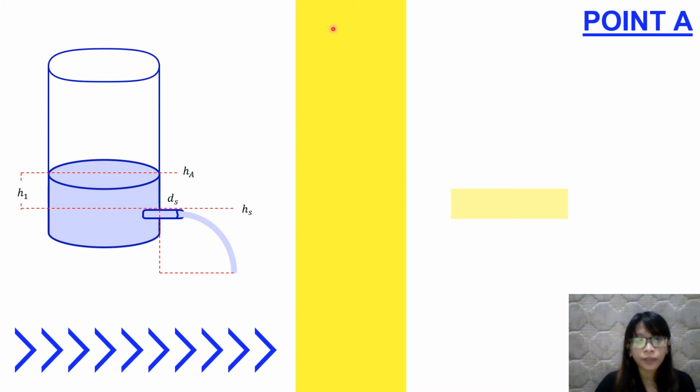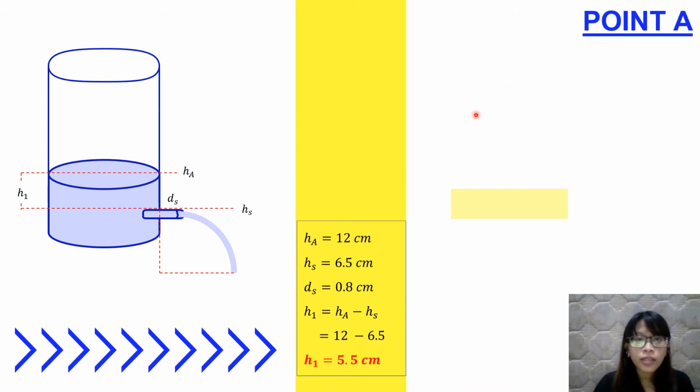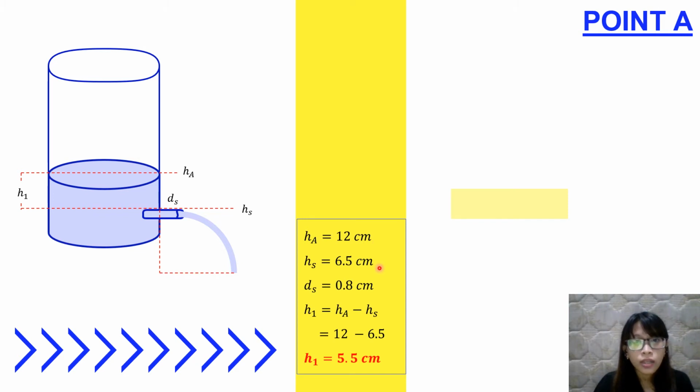Analysis at point A. Point A is placed 12 cm from the bottom, while the straw is placed 6.5 cm. So from here the height difference, which is h1, is ha minus hs equal to 12 minus 6.5. So h1 will be 5.5 centimeter.